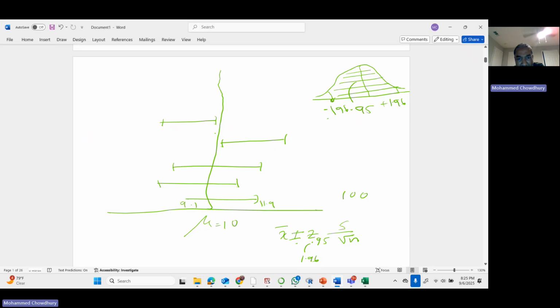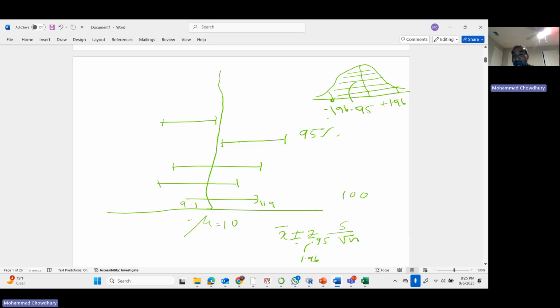So that means this group of people spent a very small amount of money, and they spent a lot of money for the food. So that means they do not cover the mean. And so in this way, if you continue doing this 100 times, on average 95% of the time this interval covers the true mean. That interval is called the confidence interval.